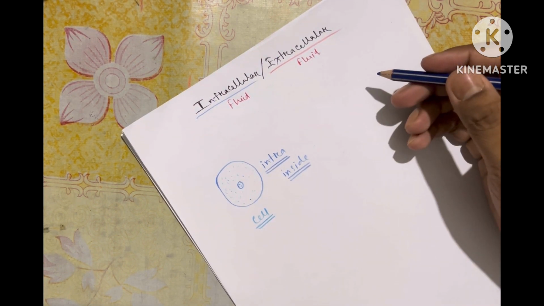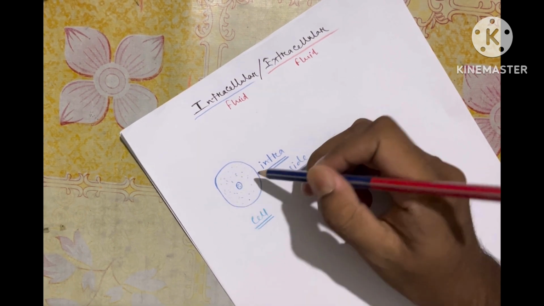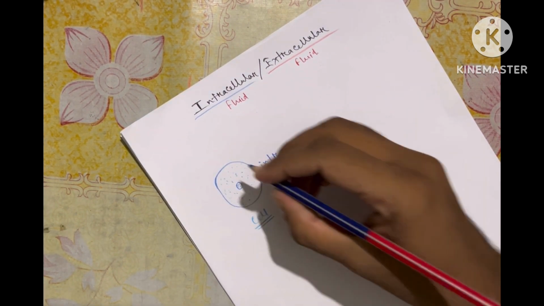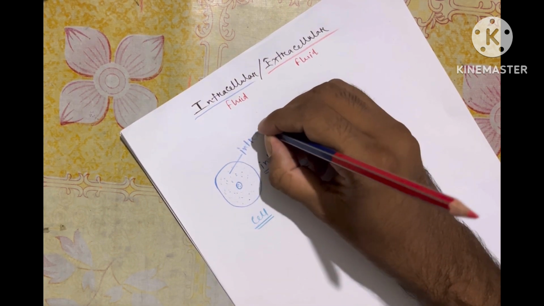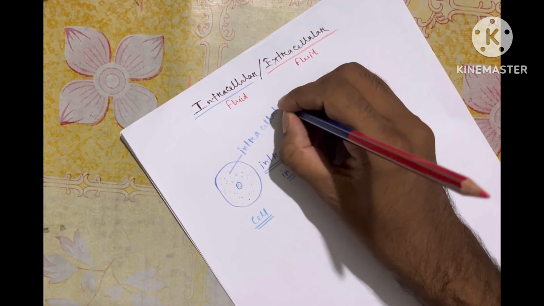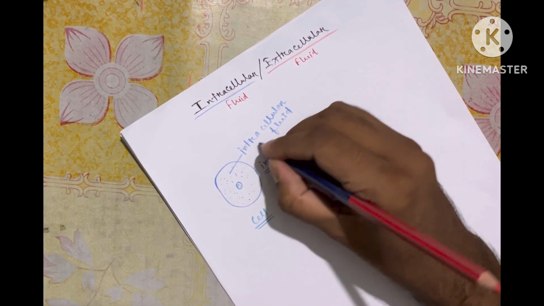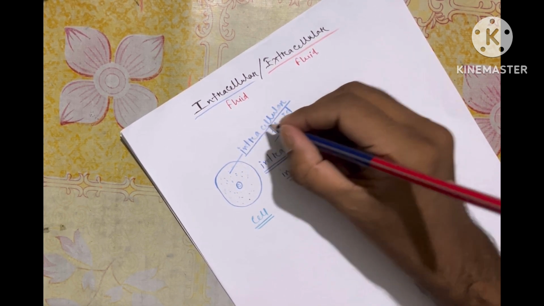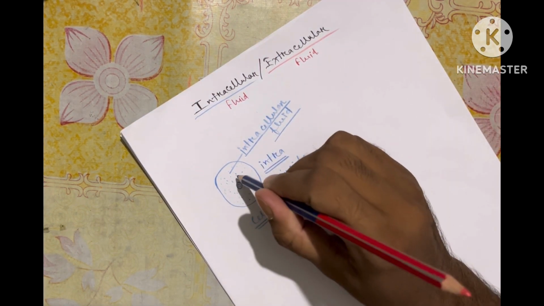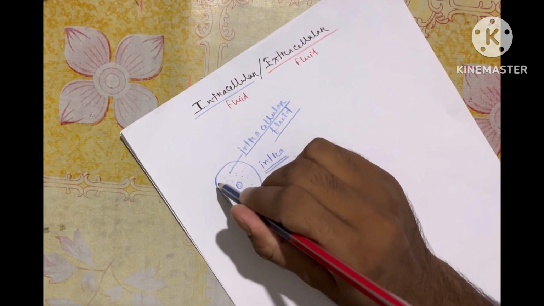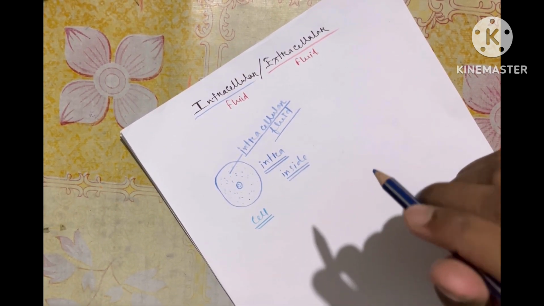So what is present inside this cell? Those are fluids. So fluids that are present inside the cell are called intracellular fluid. Intracellular fluid. So what is intracellular fluid? Those fluids that are present inside a cell are called intracellular fluid.